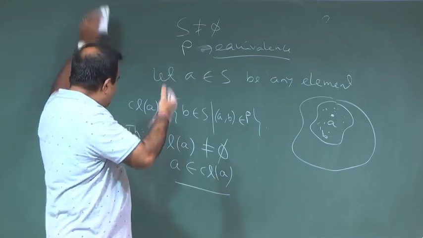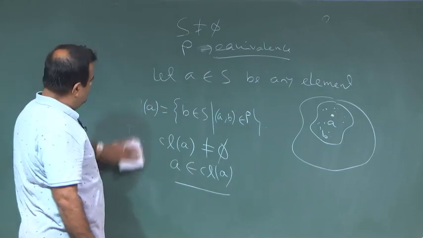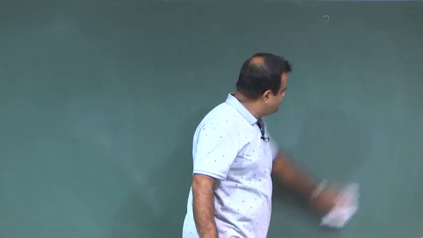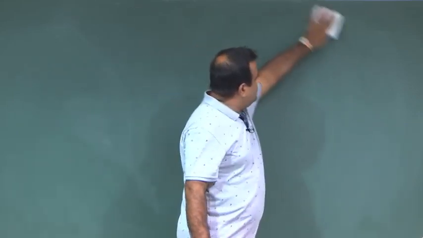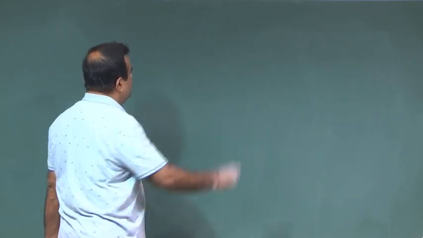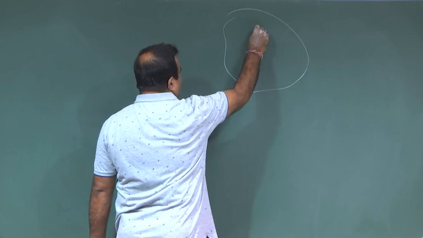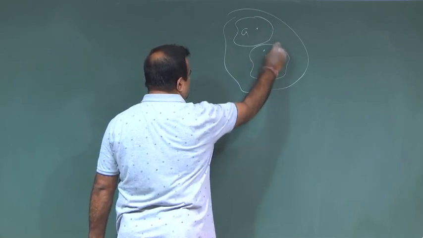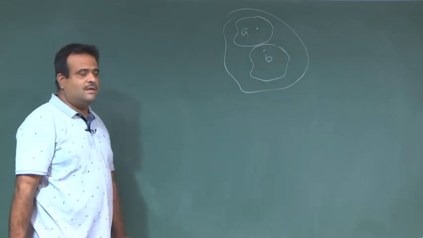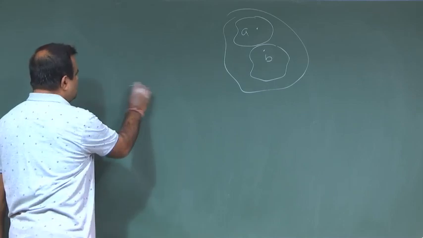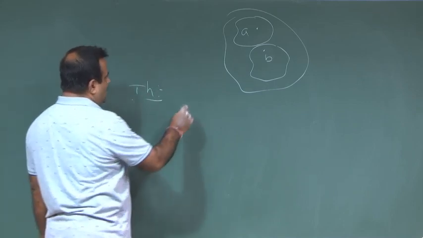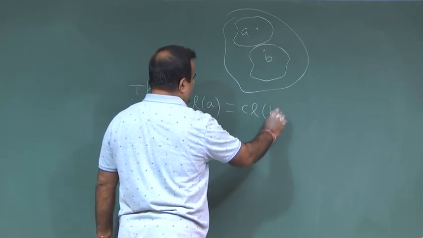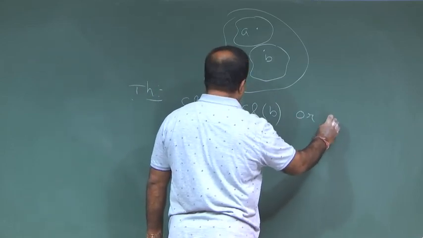Okay. So, now we will have some results on this class. This is the first result: this class is non-empty. Now, another result is, if we take two elements a and b, and consider the class of a and class of b, the theorem is telling either class of a is the same as class of b, or they are disjoint.